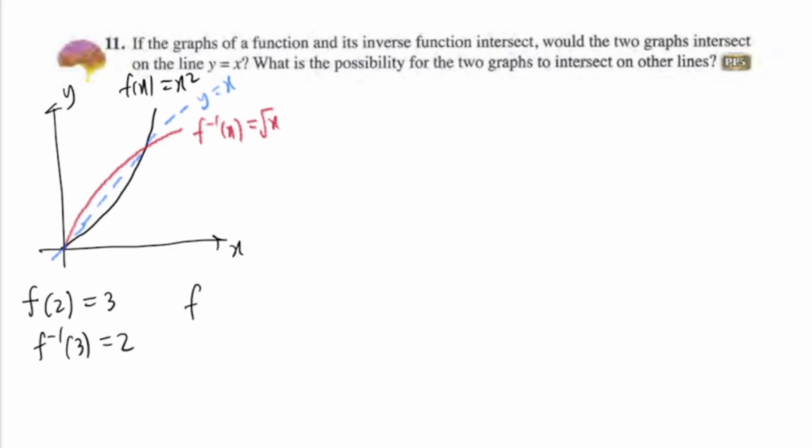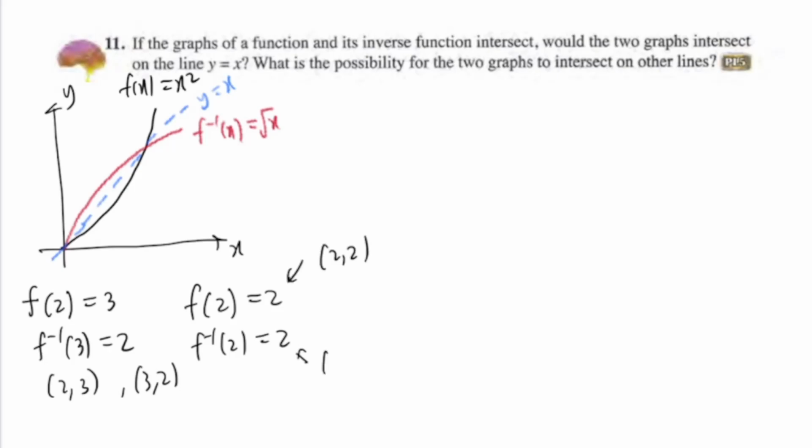But what if I have f(2) and I map into 2? My f inverse of 2 will still be 2. So in the first case, your coordinate is (2, 3). The inverse will be (3, 2) when you switch position. In this case, your coordinate is (2, 2). The inverse is also (2, 2). So that means that if your f(x) is the same as your f inverse of x, right?